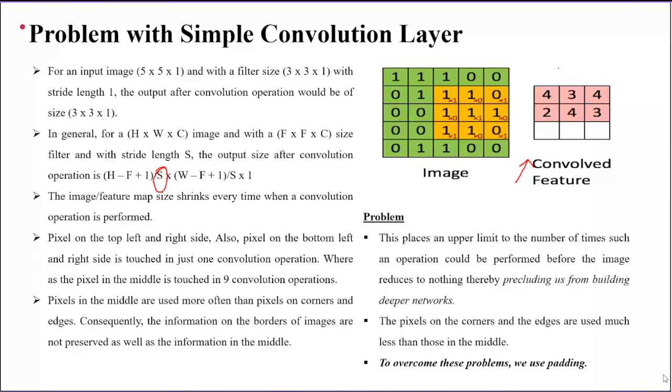If you are using another convolution layer with a 3 cross 3 filter, you will get only 1 pixel, right? So you cannot go further, or else you cannot create a deep neural network. That is the problem with a higher stride value.